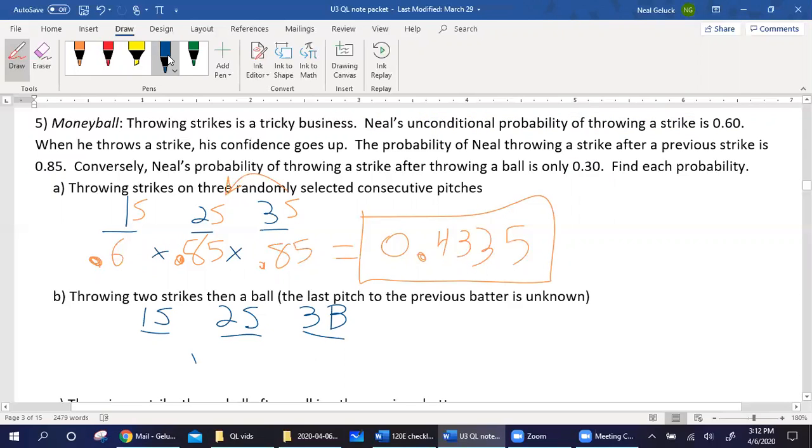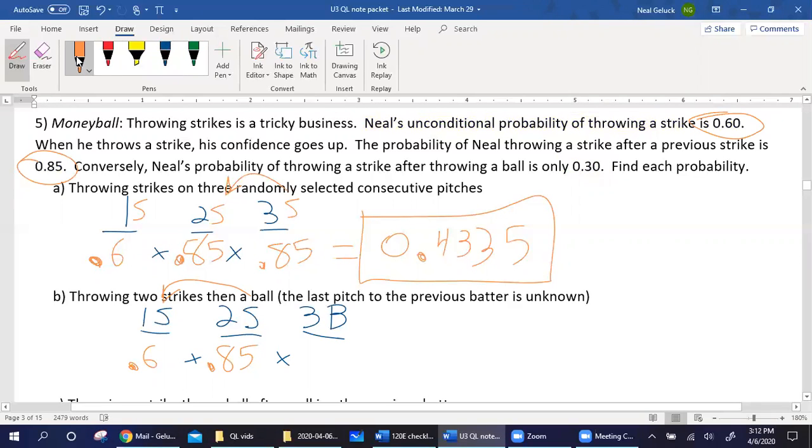I'm going to figure out each one of these, and I'm going to multiply them together. The first pitch, strike, that's still back to the unconditional probability. There's a 0.6 chance. Just like I did on the previous problem, that previous pitch was a strike, so now my confidence goes up, and I have a 0.85 chance of throwing a strike here.